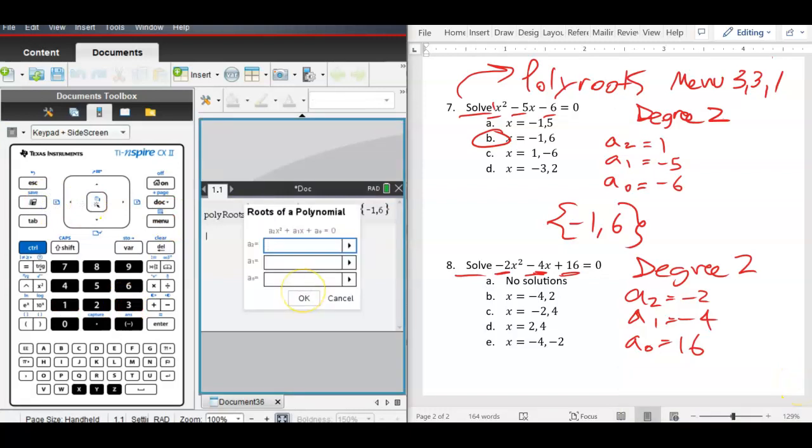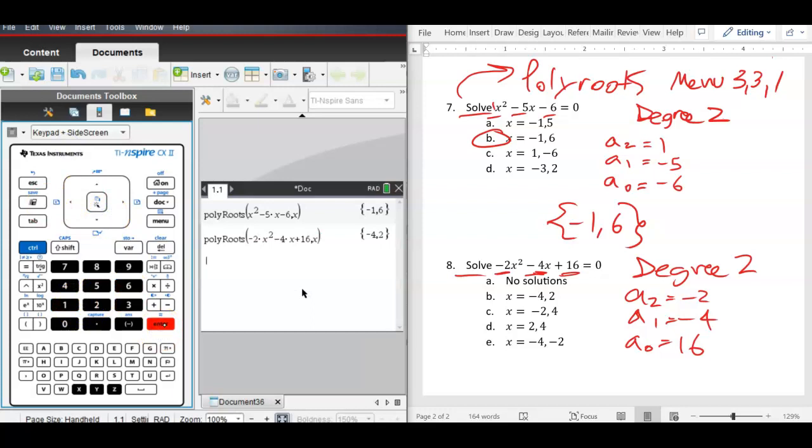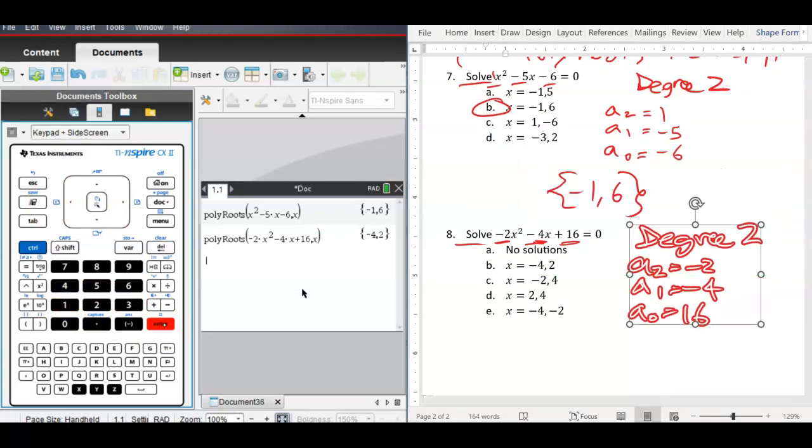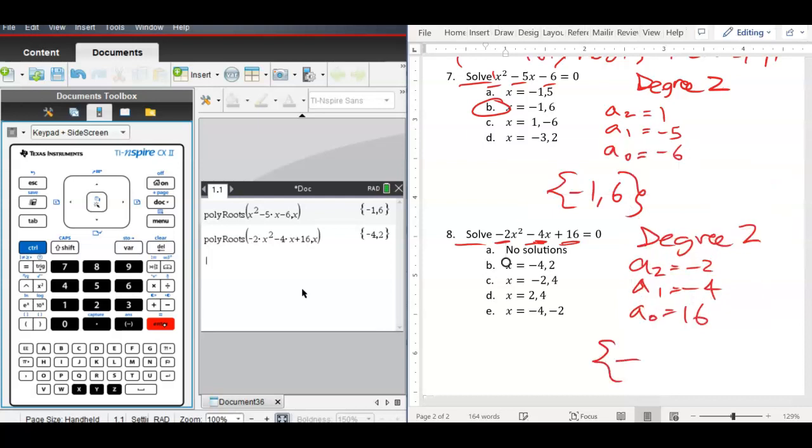Hit OK for degree 2, and let's type negative 2, negative 4, and then 16, enter. And I end up getting negative 4, comma 2. Best answer is B. Cool.